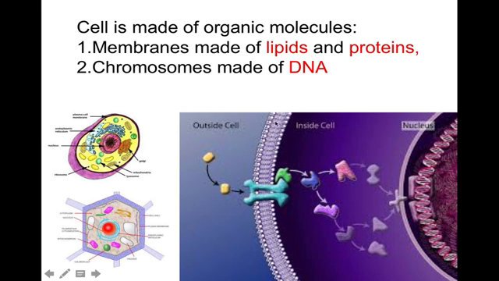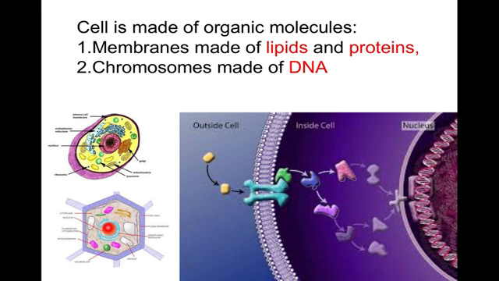Our cell membrane is a barrier which keeps the contents of the cell inside, and outside contents outside. So it is acting as a barrier, and inside the cell there's water, outside the cell there is water.